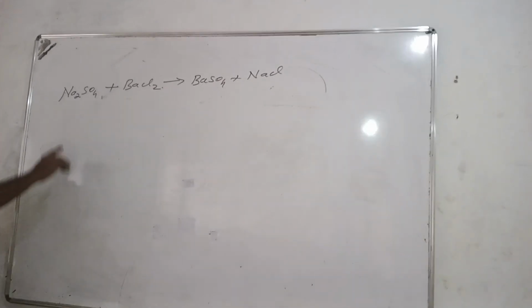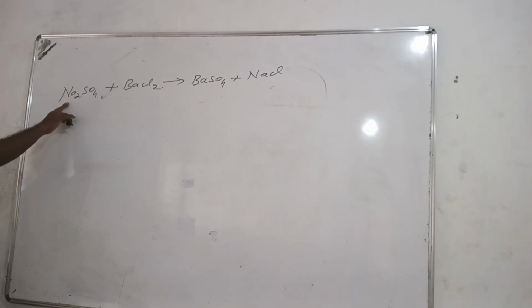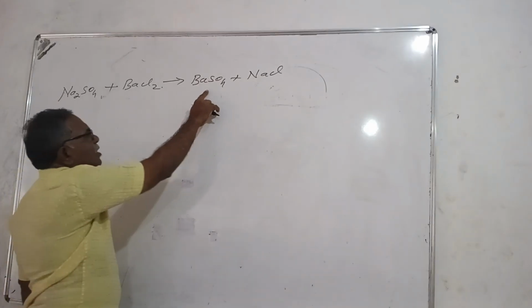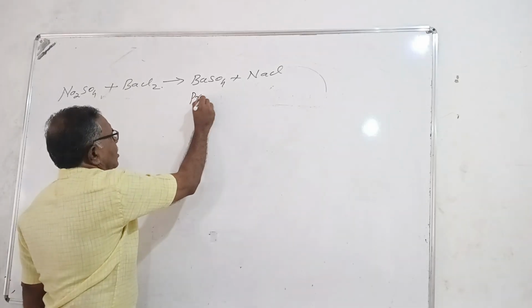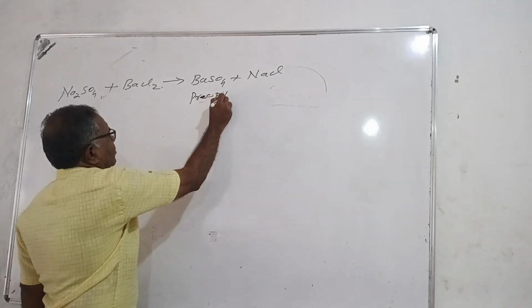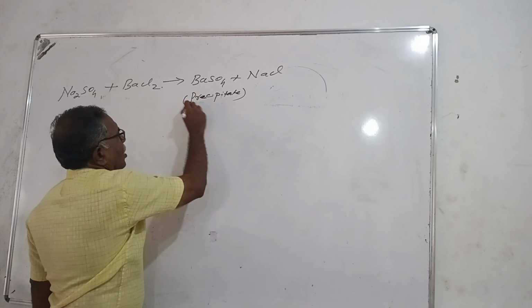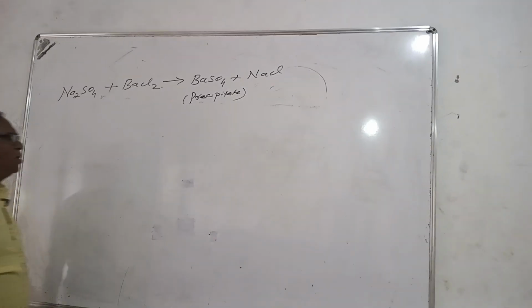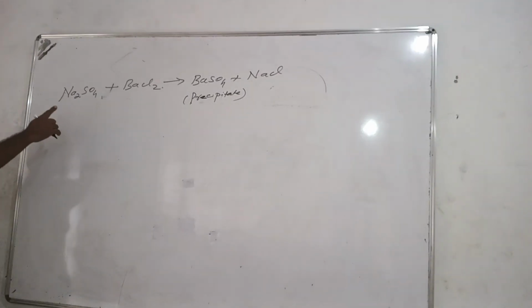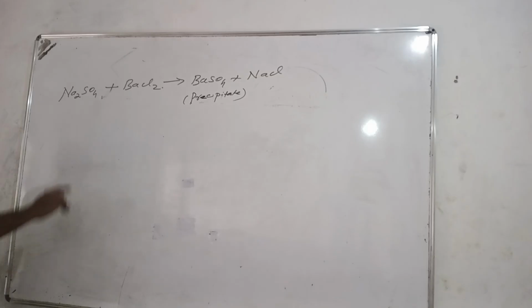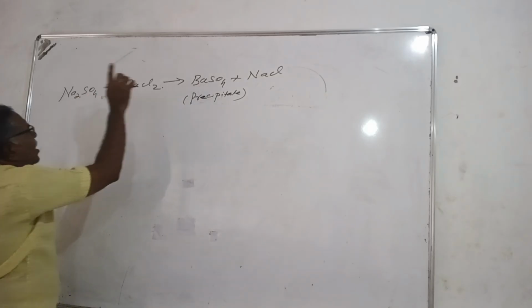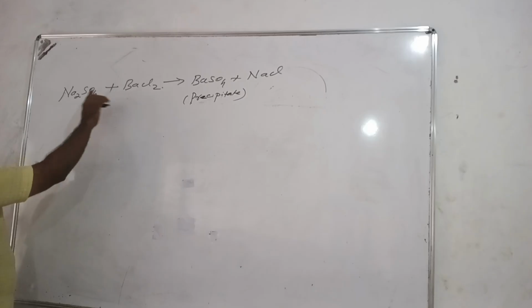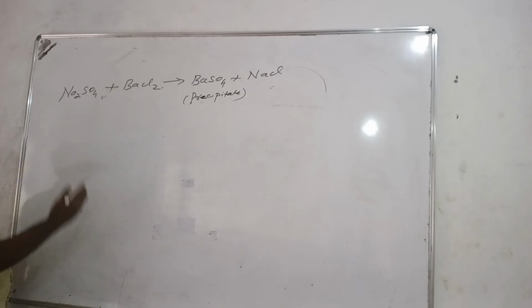Look at the reaction: when barium chloride is added to sodium sulfate, you get barium sulfate, a white precipitate, plus sodium chloride. Just look, there is an exchange of ions. In the place of sodium, there came barium, and in the place of barium, there is sodium. There is just an exchange of ions.